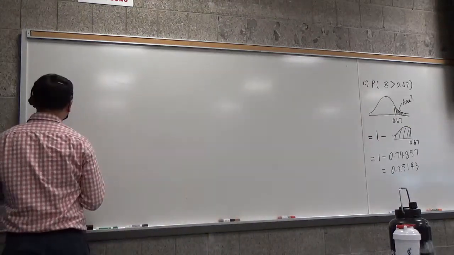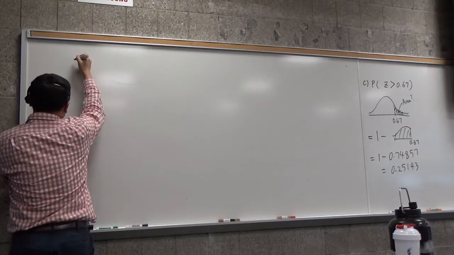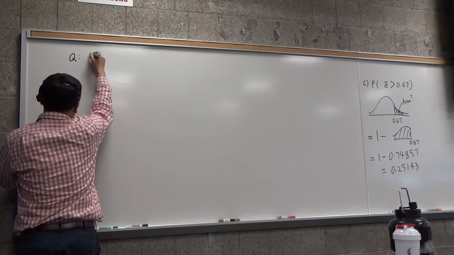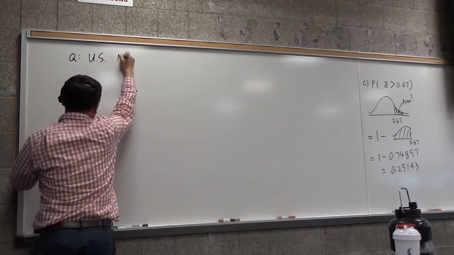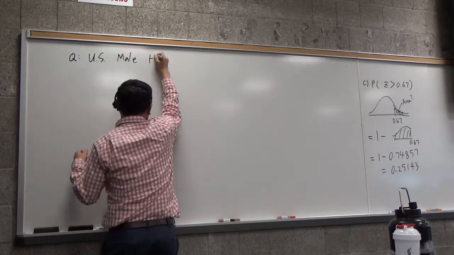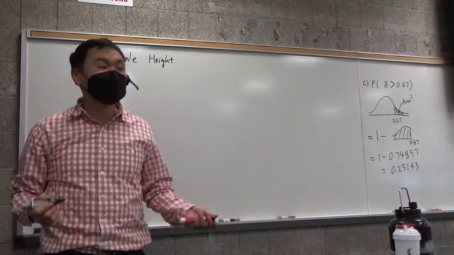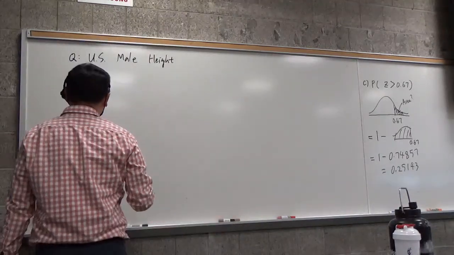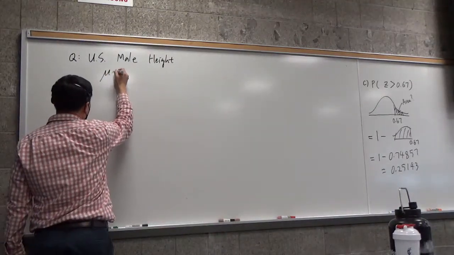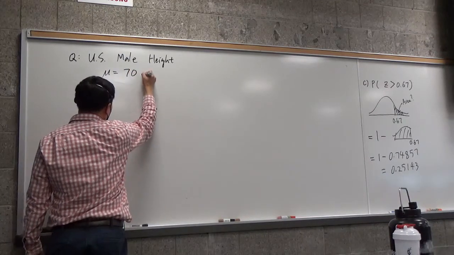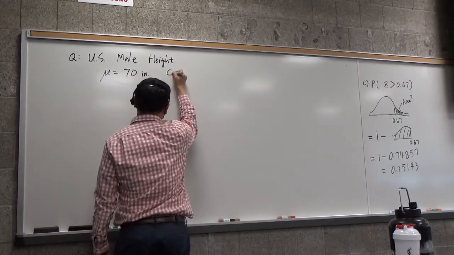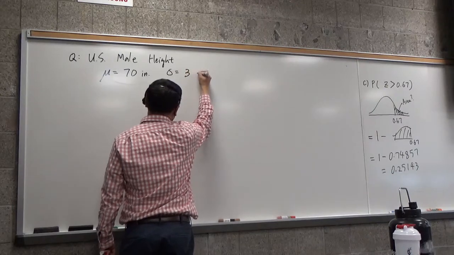So here's a question. U.S. male adult's height has the mean value equal to 70 inches and standard deviation 3 inches.